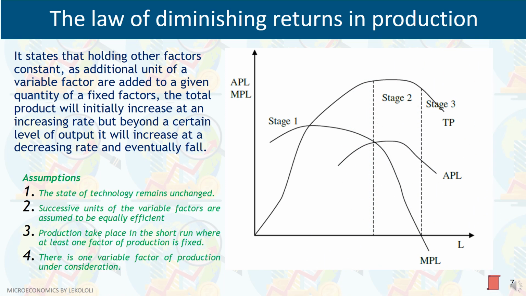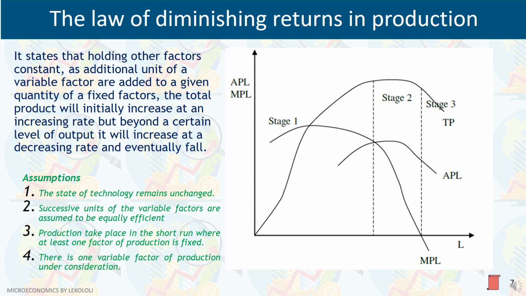Now, let me take you to the law of diminishing returns. Imagine you are running a business, and you are using both fixed and variable factors to produce goods or services. The law of diminishing returns, a crucial principle in economics, tells us what happens when we add more of the variable factor while keeping everything else constant, like the fixed factors.